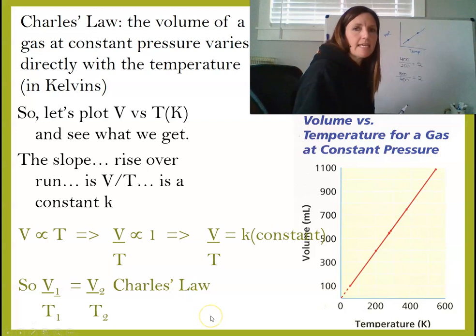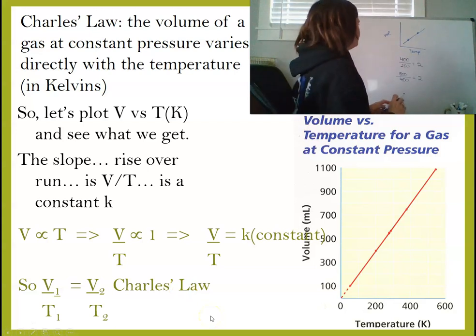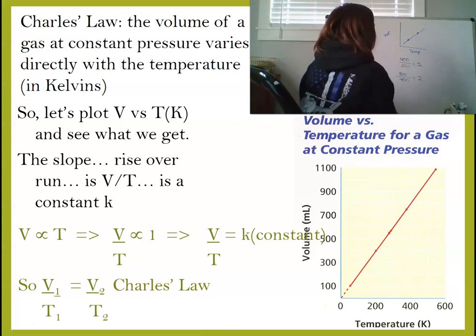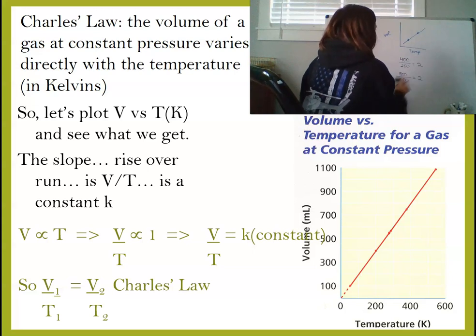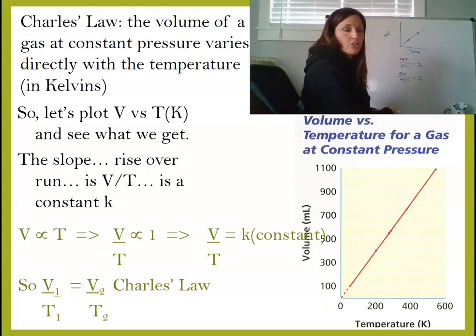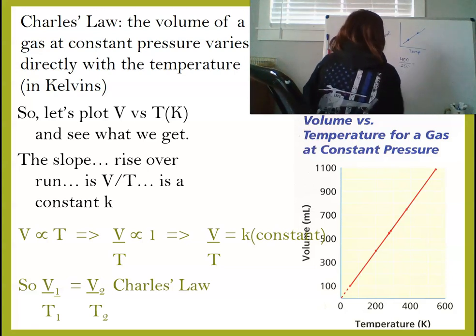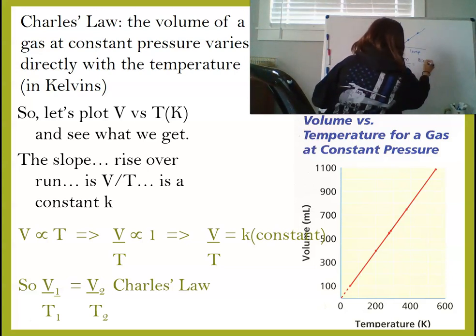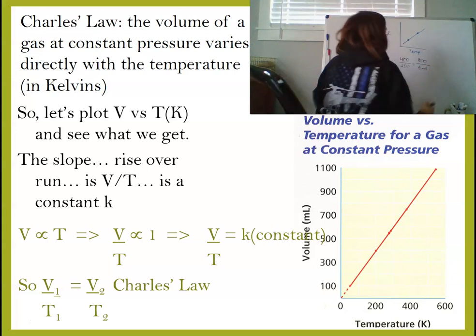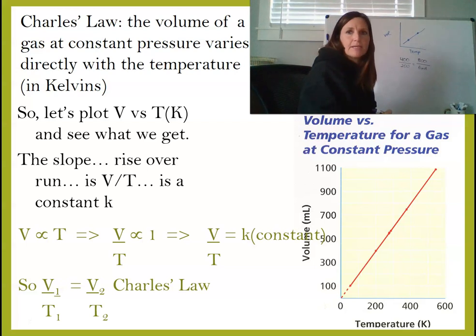If you wanted to see this in terms of derivation, it would look like saying, okay, 400 divided by 200 is equal to our other one, 800 divided by, and then this would be what we were trying to find. We would be trying to find the second piece here. And so that's kind of what Charles' law is going to be doing, is we're going to be knowing 3 out of 4 pieces of our volumes and temperatures.